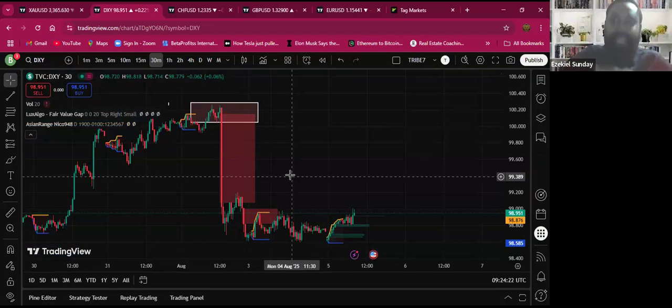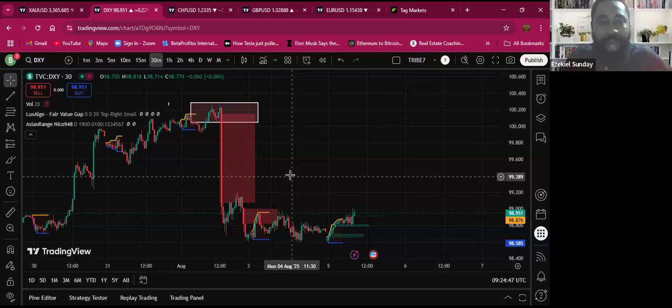You can name the pairs that are inversely correlated with it. Gold is inversely correlated with Dxy. GBP USD is inversely correlated with Dxy. And then Euro USD is inversely correlated with Dxy.